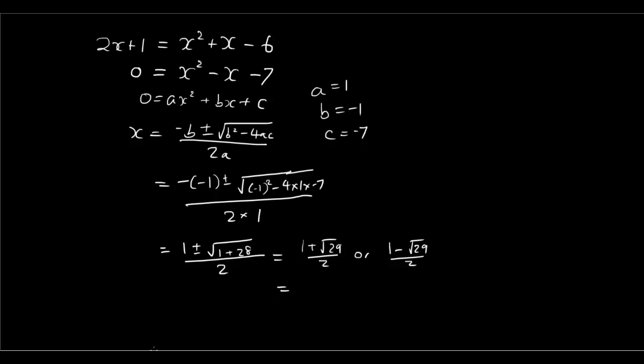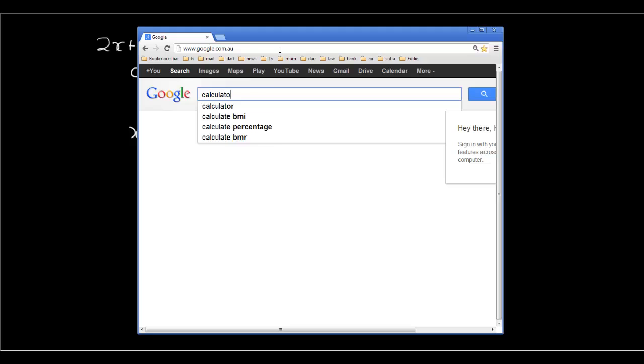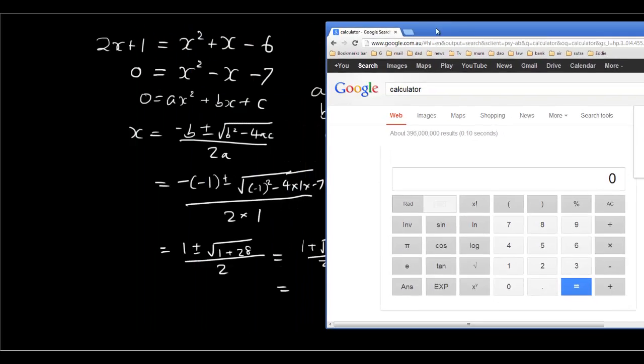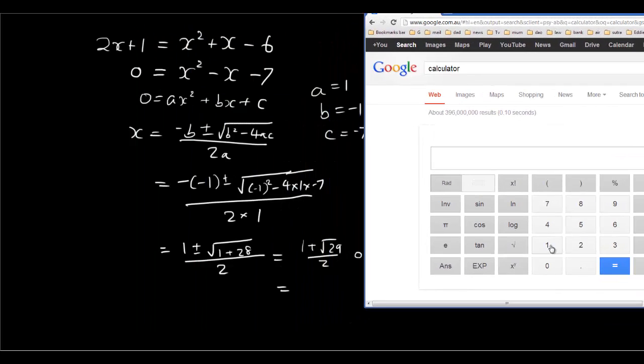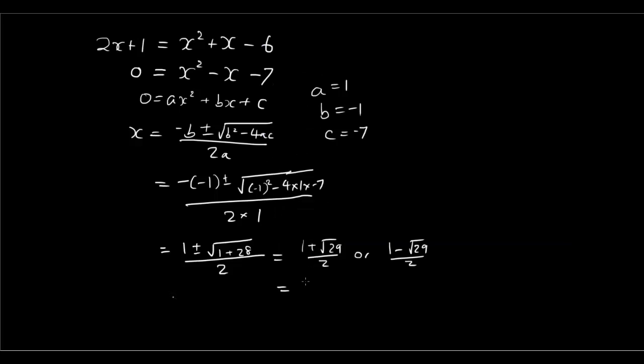So putting those into our calculators, I'm just going to use Google as my calculator. So I have 1 plus the square root of 29, divided by 2. So x is 3.193. So that's our first solution.